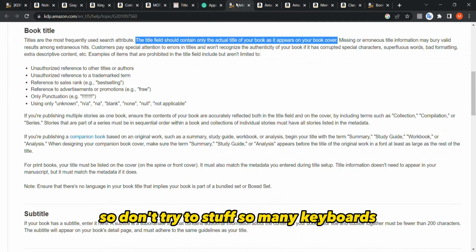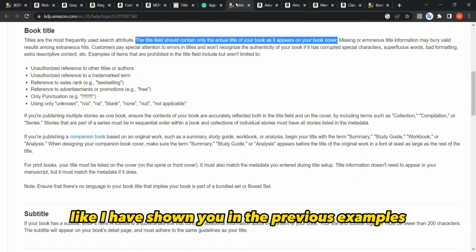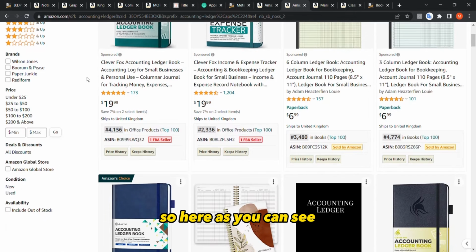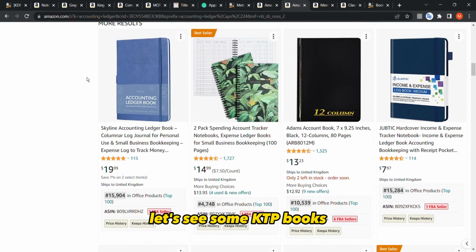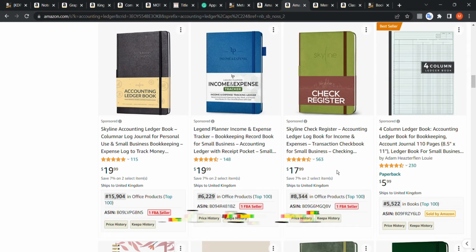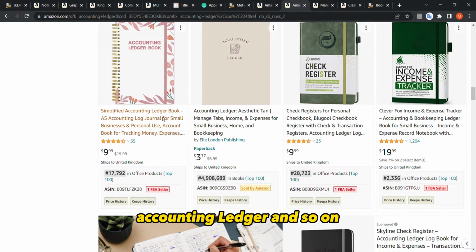So don't try to stuff so many keywords like I have shown you in the previous examples. And this is another example here, accounting ledger. So here, as you can see, let's see some KDP books. For example, this one with 5,000, ledger book, 4-column ledger book, and this one accounting ledger, and so on.